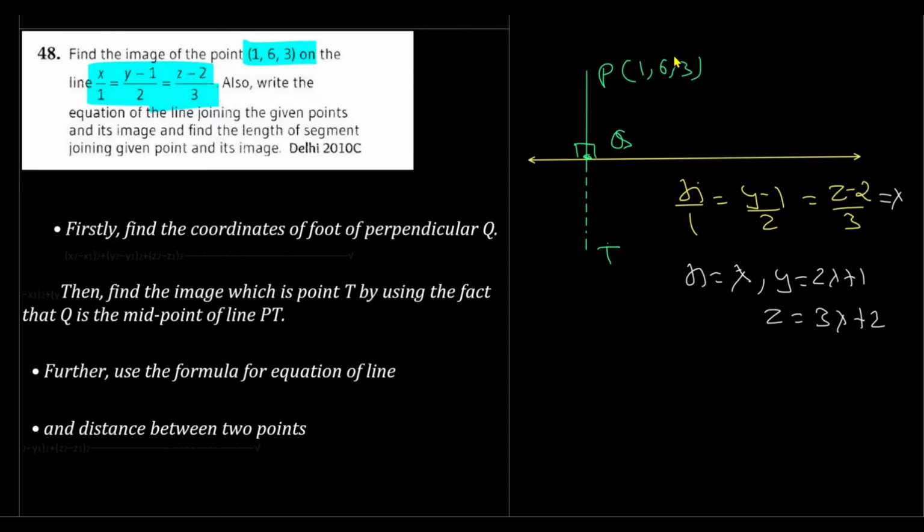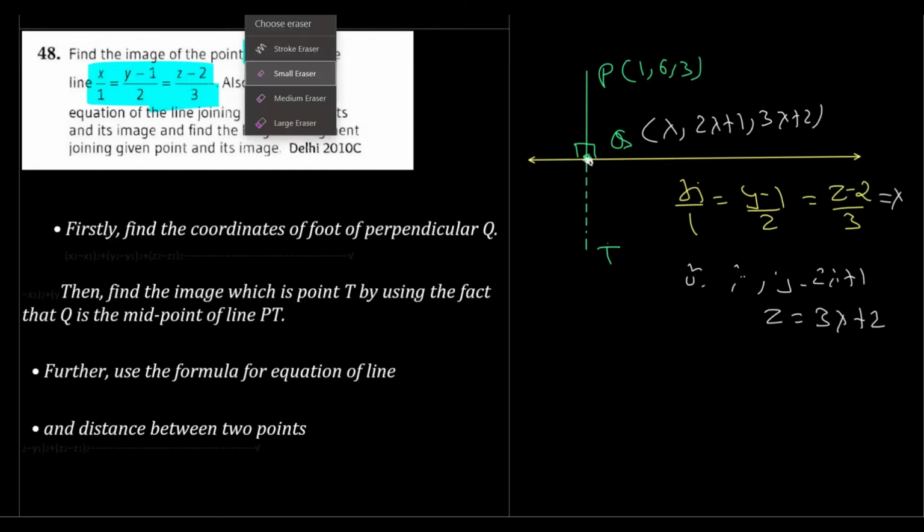So this point Q is (lambda, 2 lambda plus 1, 3 lambda plus 2). This is what we got as the coordinates of Q, the foot of the perpendicular.